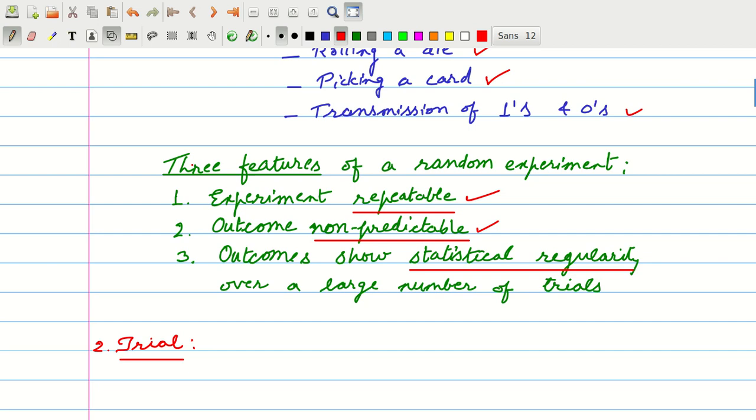The second term that we take is the notion of a trial. A trial is a single performance of the random experiment.